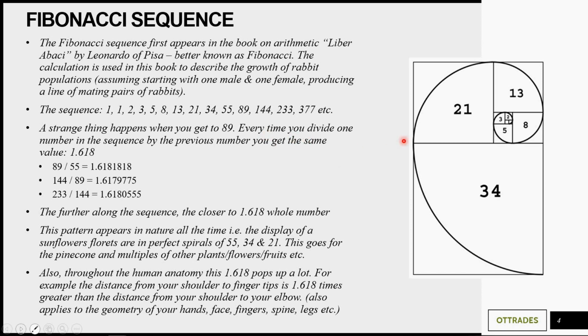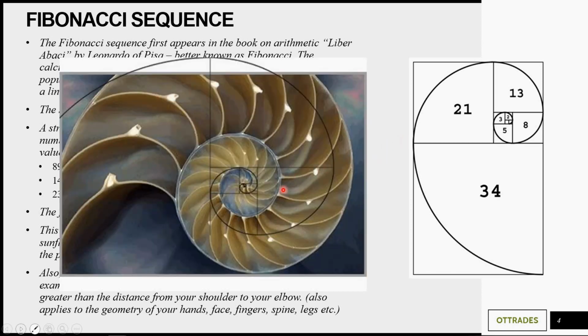So if I put some examples up now, obviously the most common way of illustrating this is through a nautilus shell, which pretty much hits this Fibonacci graphical drawing, mathematical graph drawing, whatever you want to call it, pretty much spot on. So this is a nautilus shell.